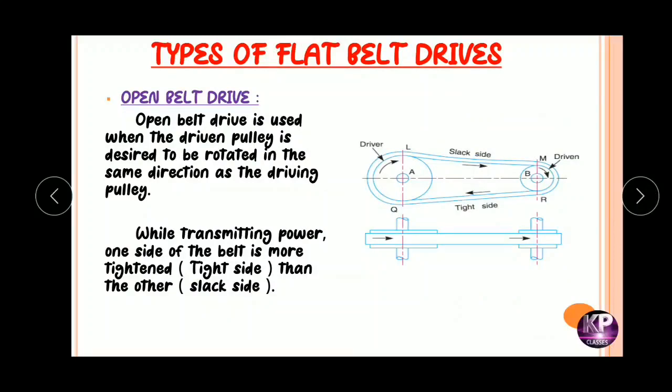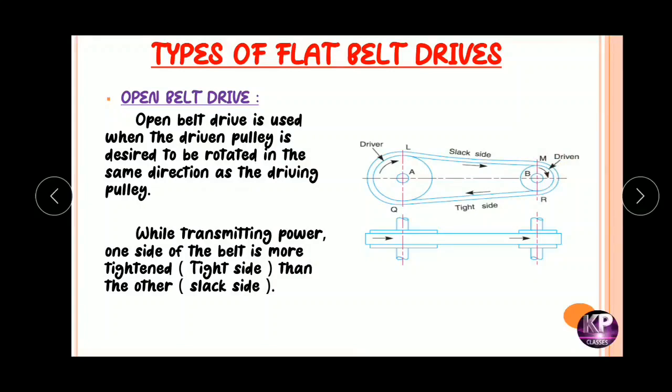Then types of flat belt drives. First one is the open belt drive. Open belt drive means the belt passes over two pulleys in such a manner that this is the driver, which rotates in the clockwise direction, and this is the driven or follower.